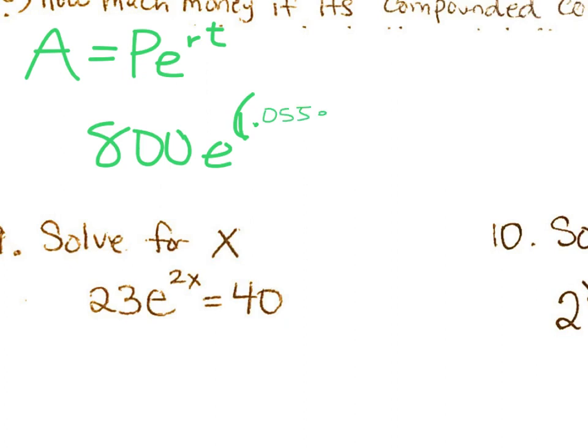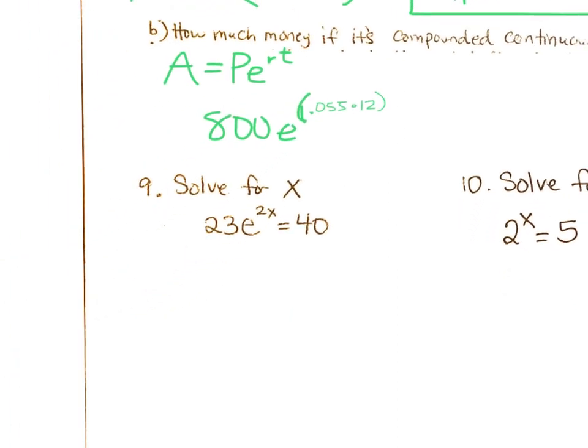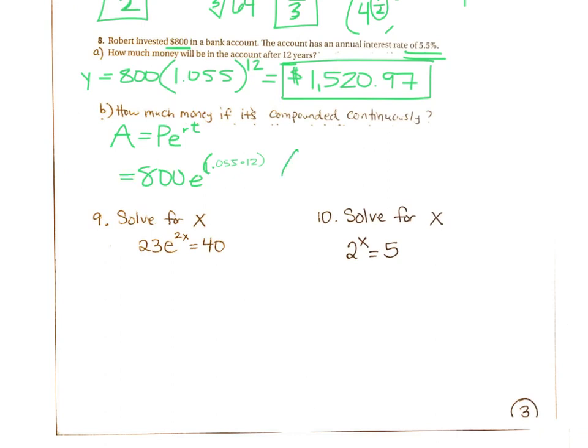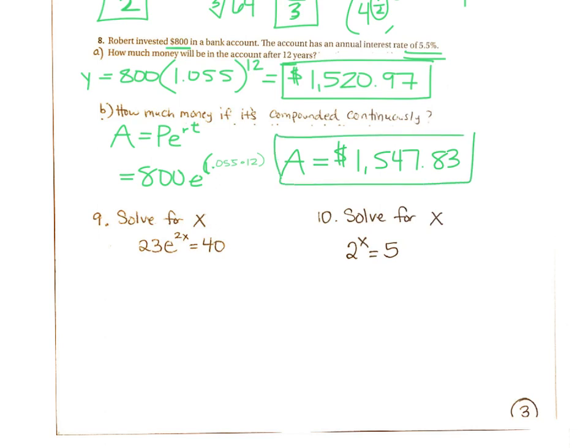Our t is 12 years, so times 12. And then you would just plug that into your calculator, and you get A equals $1,547.83. So it definitely pays to compound continuously. When you compare those two numbers, you're making more money. It's just not typically an option.